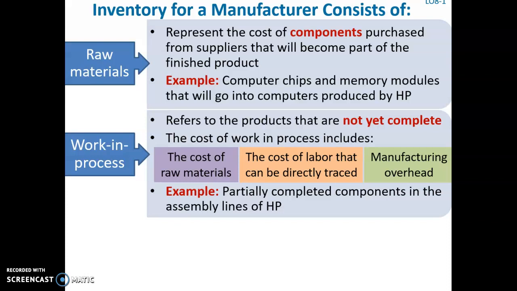Overhead costs include electricity and other utility costs to operate the manufacturing facility, depreciation of manufacturing equipment, and many other indirect manufacturing costs that cannot be directly linked to the production of specific goods.